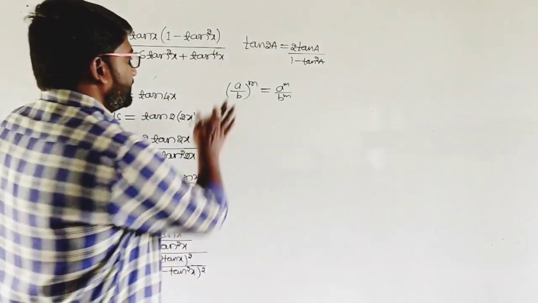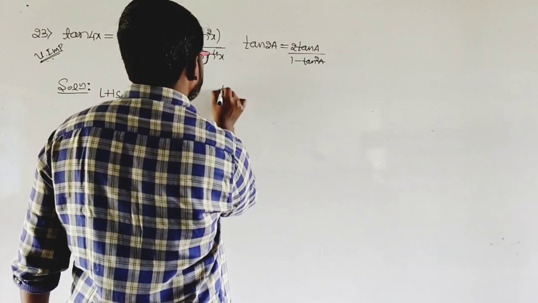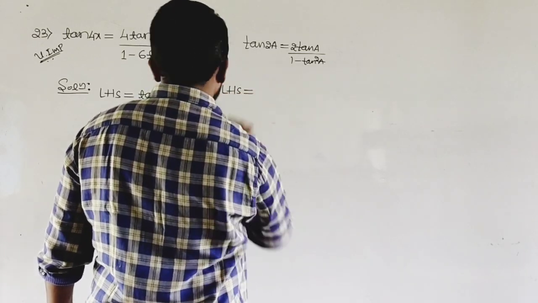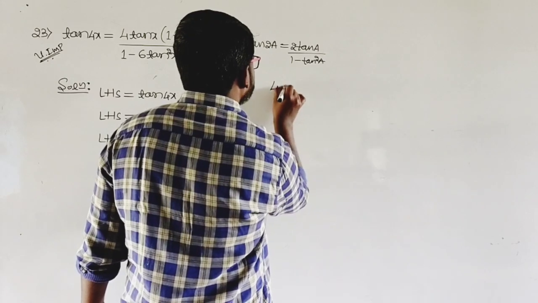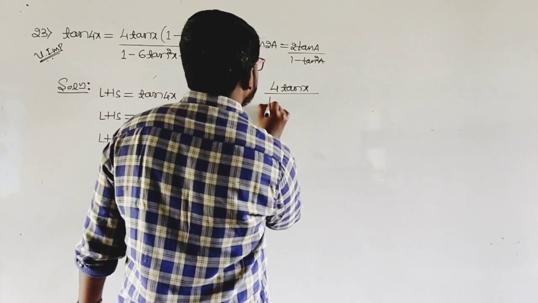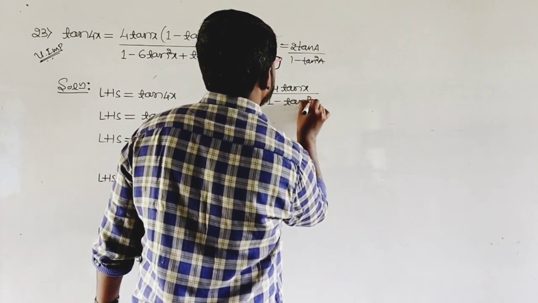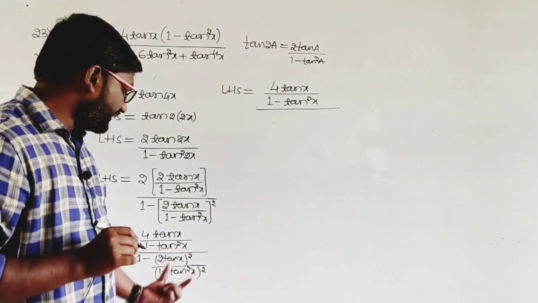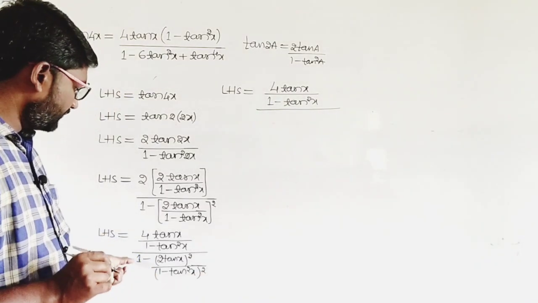So now let us move on to the next step. So here LHS is equal to, I write the numerator as it is now, 4 tan x divided by 1 minus tan square x, then whole divided by, here we have to take up the LCM. 1 minus tan square x the whole square will be multiplied with 1.